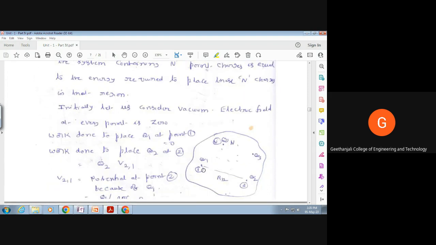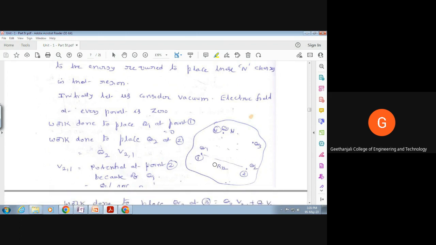But once we have placed Q1, at every point there will be an electric field intensity created by Q1. Now, if I want to place Q2 at point 2, naturally Q1 will try to repel Q2 in this direction. So against that force, if I want to place Q2 at point 2, I have to spend some energy. What is the energy that we need to spend?